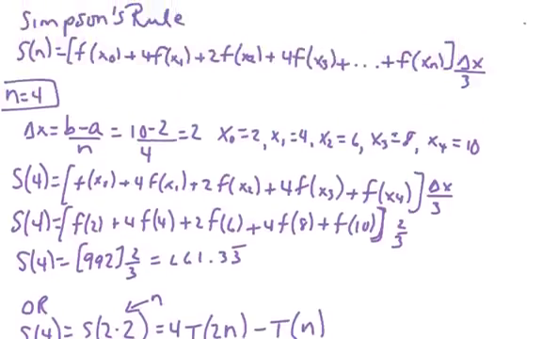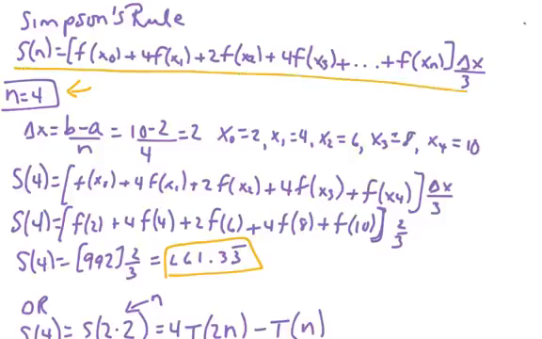And with Simpson's rule, you get a much better approximation, a little bit more complexity to the formula, but certainly worth it in the end, because you can see that with n equaling 4, we hone in very quickly to the exact value. Alright, so here's your Simpson's rule formula.